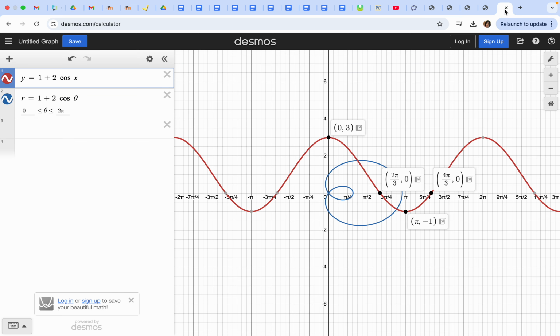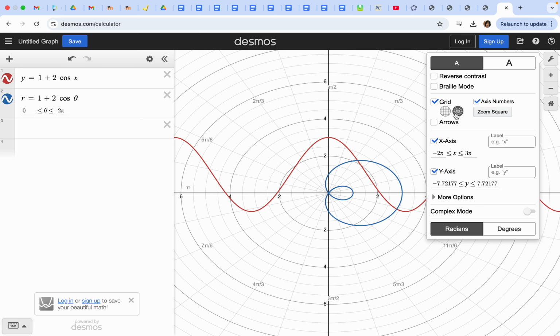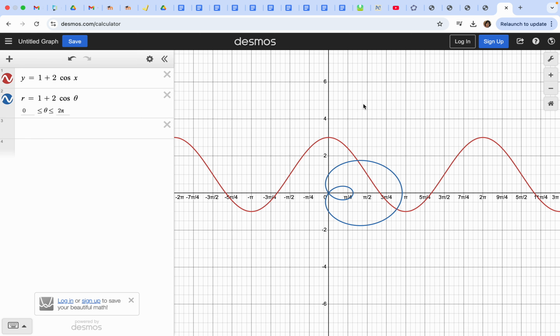or we can use Desmos to graph this, right? So I'll put in both, so you can see both. We could change this if you wanted to see it in the polar coordinates, but we don't have to, because we just need to remember what's happening here is this function is decreasing and positive, right?